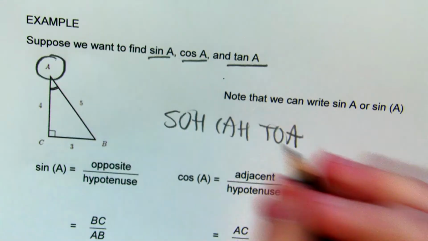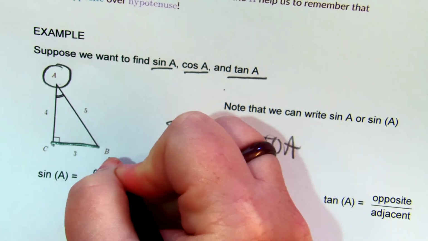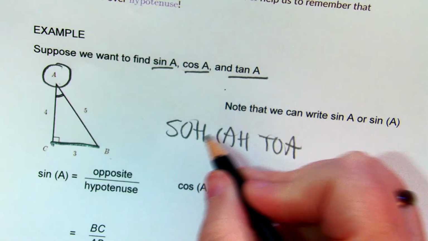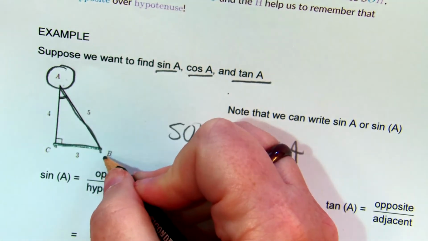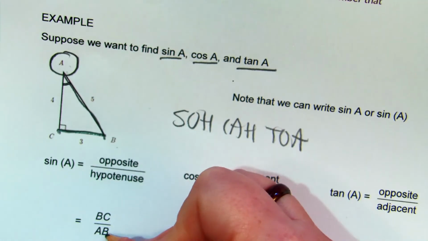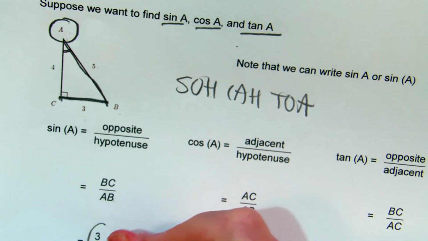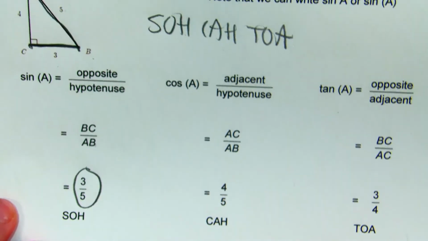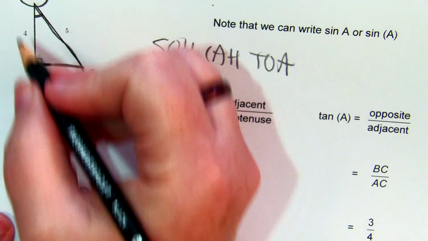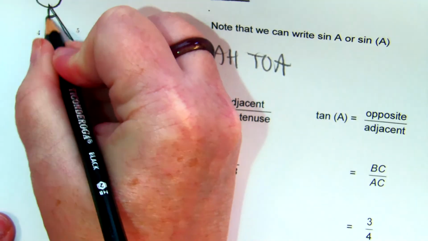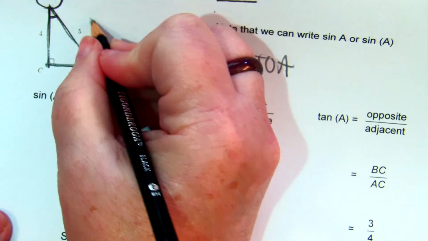Sine is opposite over hypotenuse. Opposite A is BC, and the hypotenuse is AB. BC is 3, AB is 5, so it's 3 over 5. That's the SOH part. Cosine is adjacent, right next to A, not the hypotenuse.